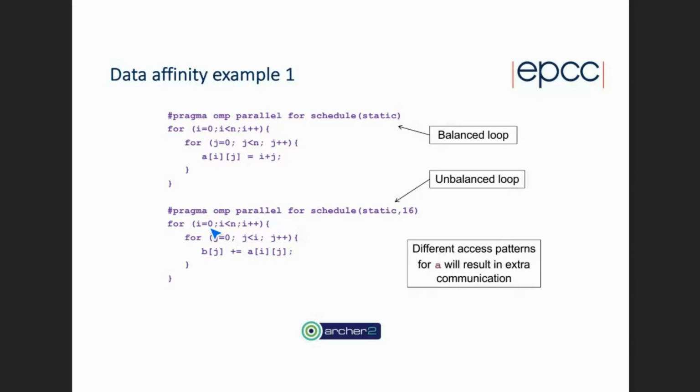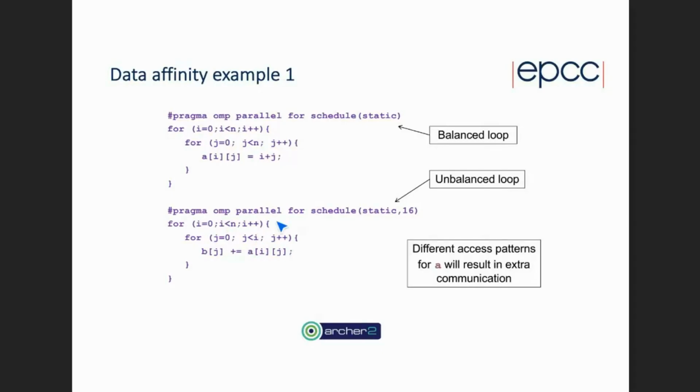So we've got a loop nest here, which reads values from this two-dimensional array A. But if we look carefully at the loop structure, the bounds for i are 0 and n, but the bounds for j are 0 and i.